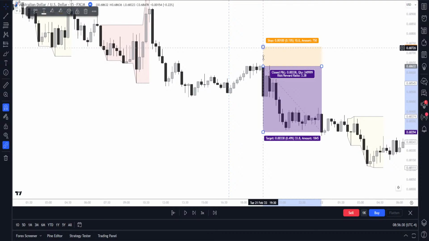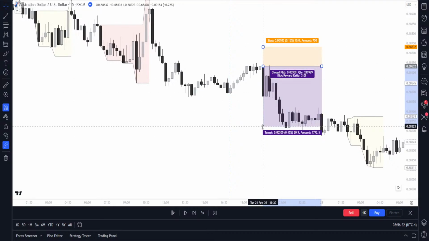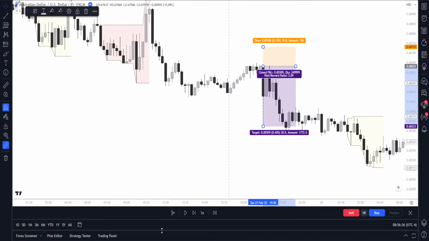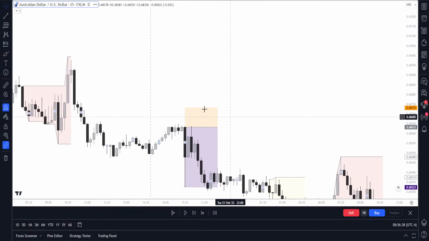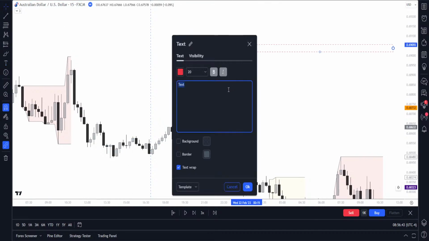Or if you put 10 pips, then obviously you would have been hit this candle here. So the trade today is going to be, let me go ahead and type it out now, and we will do sell AUD USD, 10 to 12 pip stop loss.